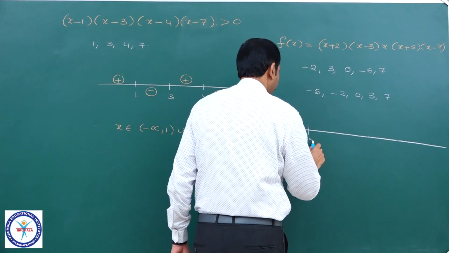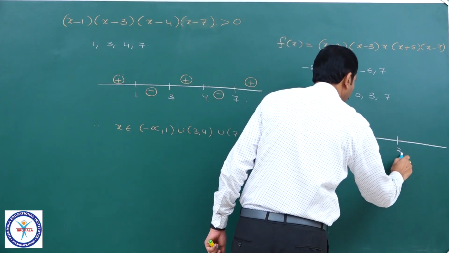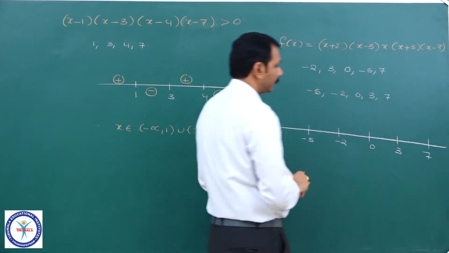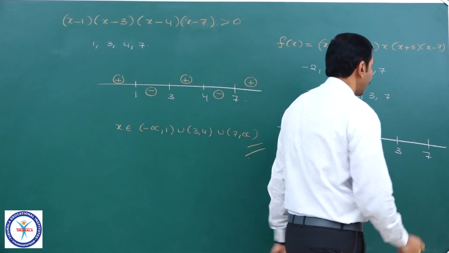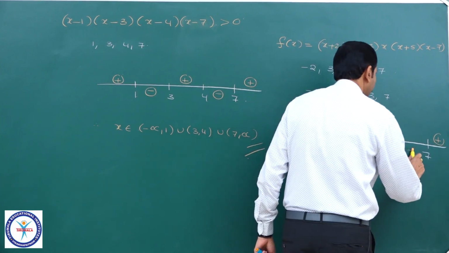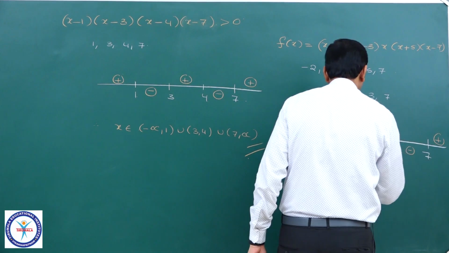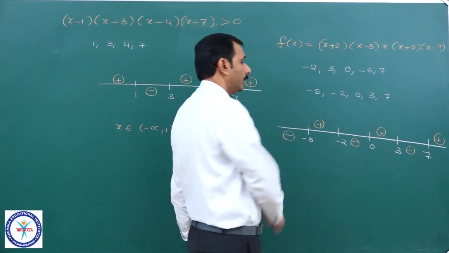Here I will take minus 5, minus 2, 0, 3 and 7. Because powers of all these are one, extreme right positive, next negative, next positive, next negative, next positive, next negative.